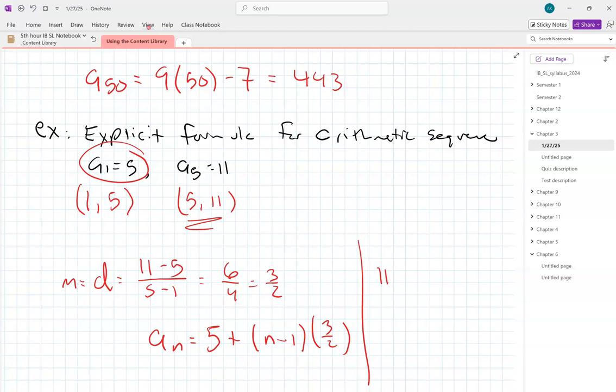what I would prefer to do is just treat this like an equation for a line using the slope-intercept form. So I'd say 11 is equal to 9 times 5 plus b. And I'm just going to solve for b.